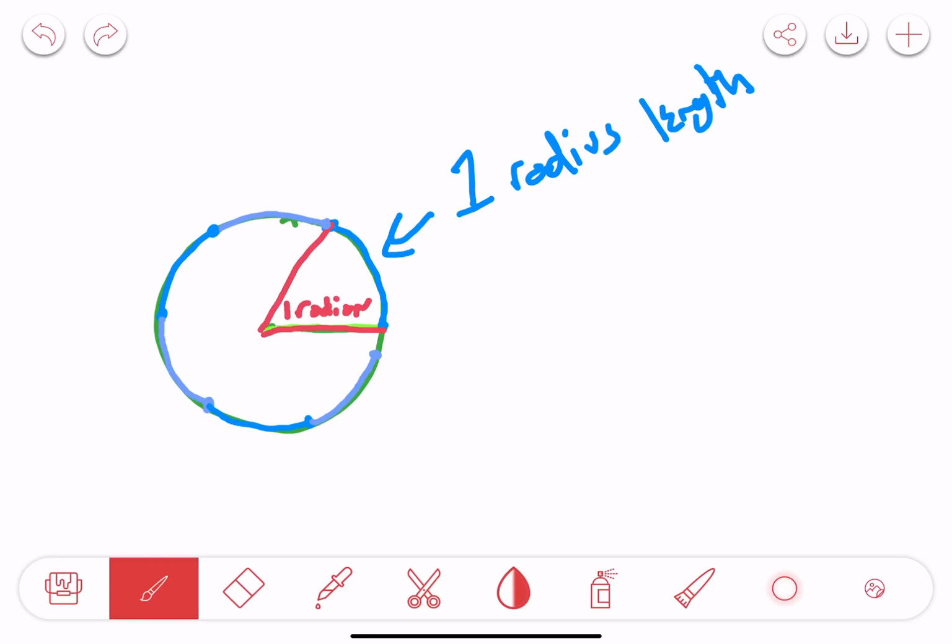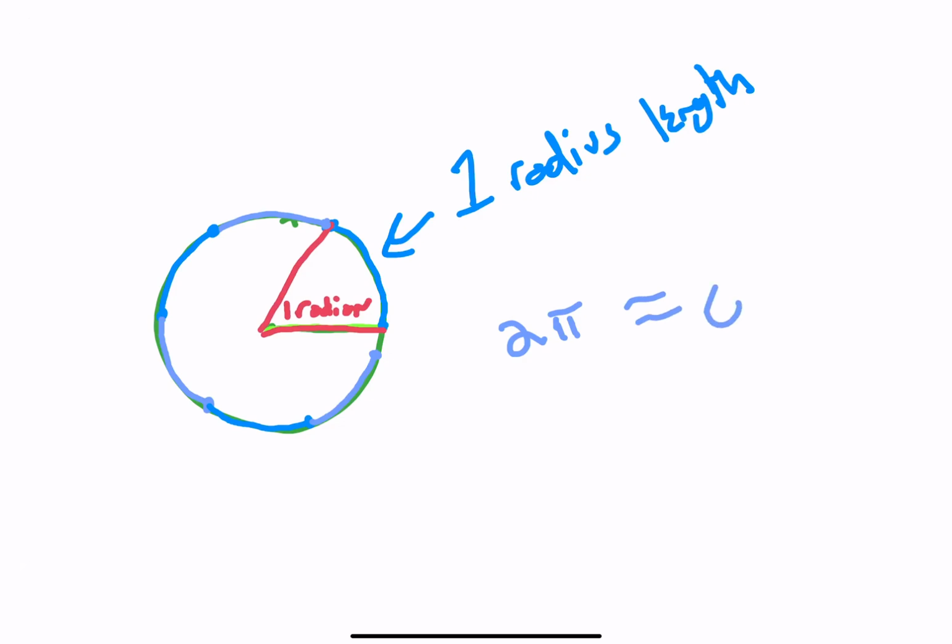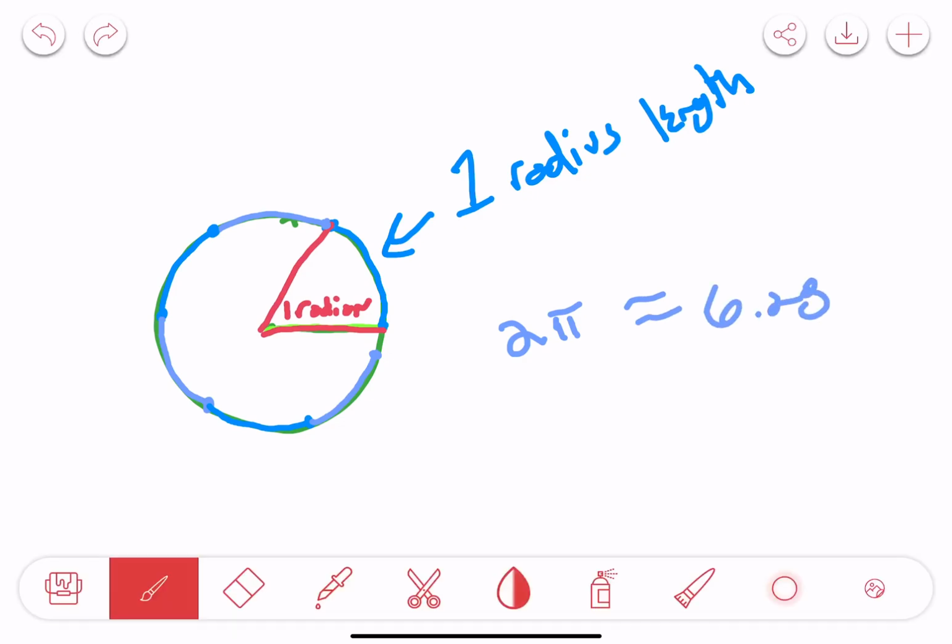Now 6 full and a little extra is exactly 2 pi. Type 2 pi in your calculator and see what you get. It's about 6.28, 6 and a little extra, but it's exactly 2 pi.